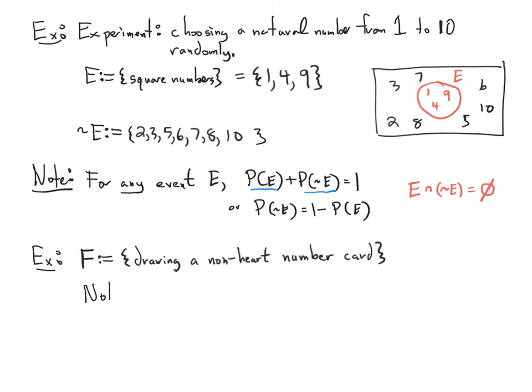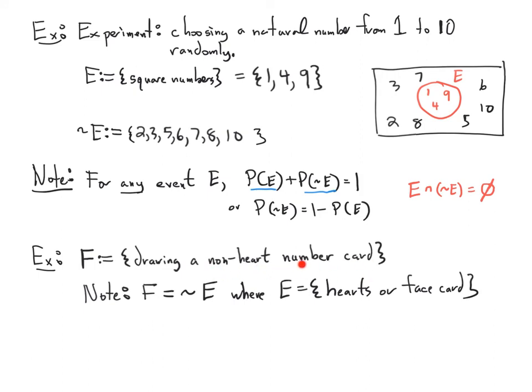Note that F is actually the complement of event E from a few examples ago, where E is the set of hearts or face cards. If you're not a heart or face card, it must mean you're a non-heart number card.